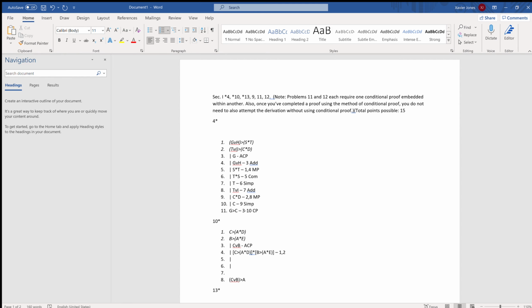So now we can get A and D, or is it and? No, it's or, because we used or for the first one.